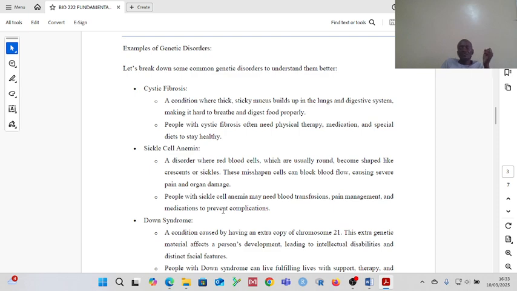The surface area has reduced by virtue of that change in shape. So that's why people who have sickle cell need blood transfusion. They need ways to manage pain. Because with the change in the shape, the sickle-shaped blood cells cannot transport enough oxygen and they can easily block blood flow. So the extremities will not be having enough blood supply.